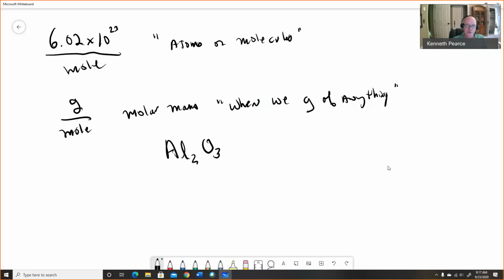This has 2 atoms of aluminum for every 3 atoms of oxygen. That's what the Al subscript 2 means. That's what the O3 subscript means. It means you have 2 aluminums and 3 oxygens. And I want to know, what's the molar mass? Okay, and for that you need the periodic table.